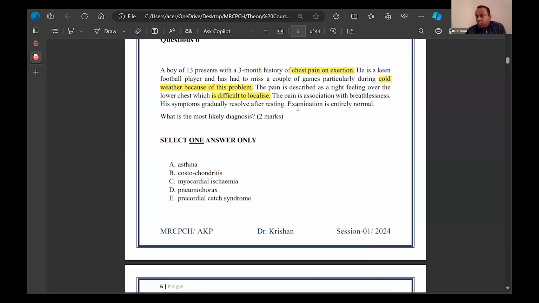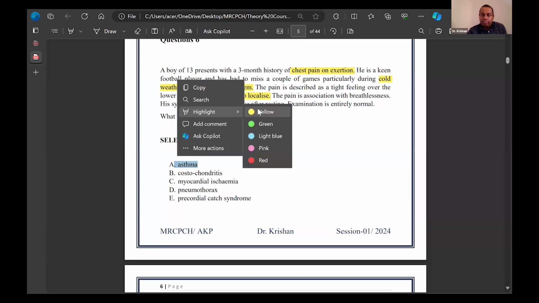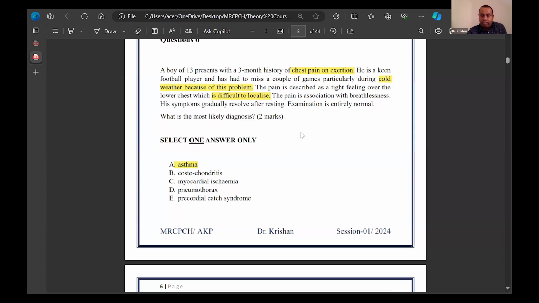Myocardial ischemia should not have a seasonal variation. If it was myocardial ischemia, we expect the child to have a fairly localized pain. Costochondritis will cause tenderness, which is not described here. So the best answer here should be asthma. Right, best answer should be asthma.